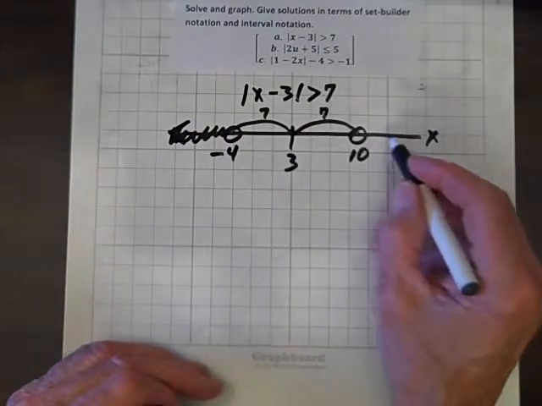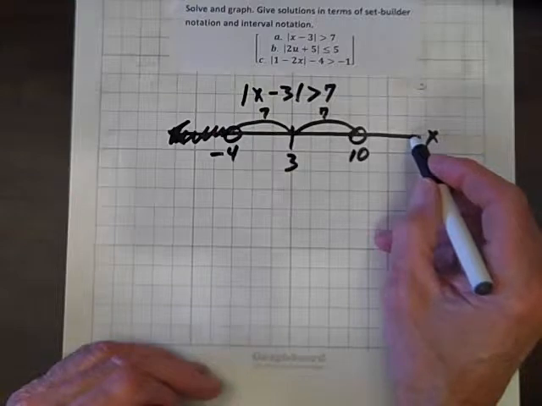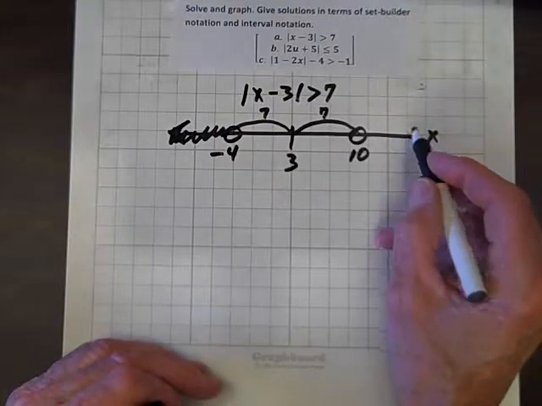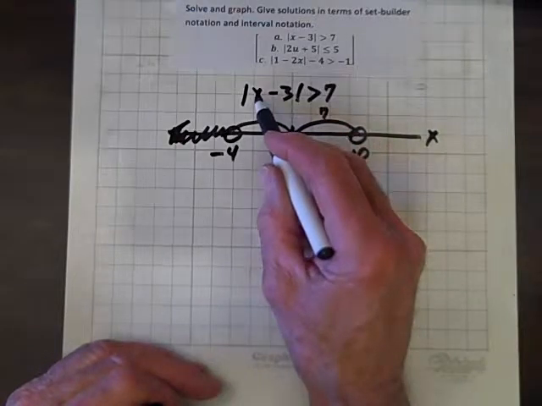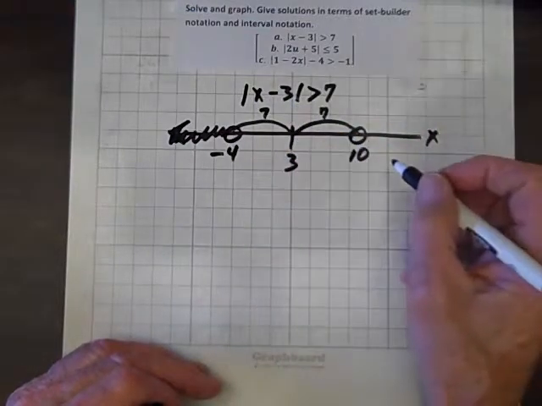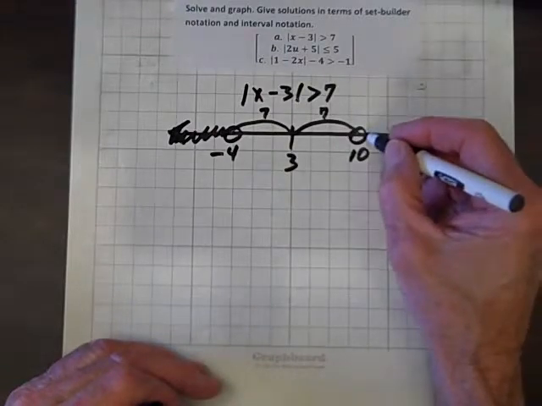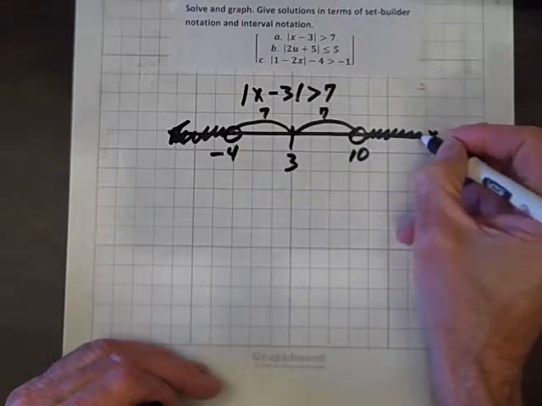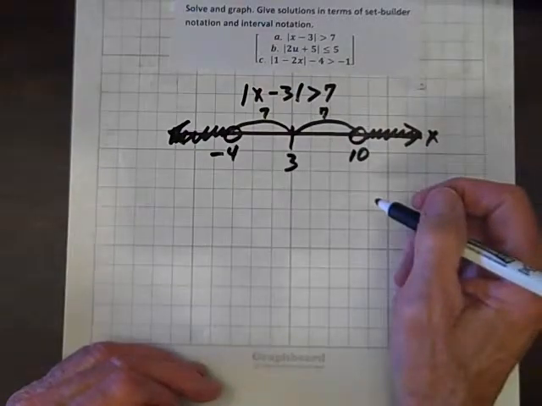Now, let's pick a point in this interval, something like 100. 100 minus 3 is 97, and the absolute value of 97 is greater than 7, so every point in this interval satisfies the inequality.